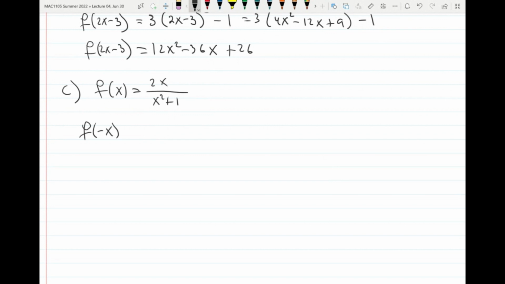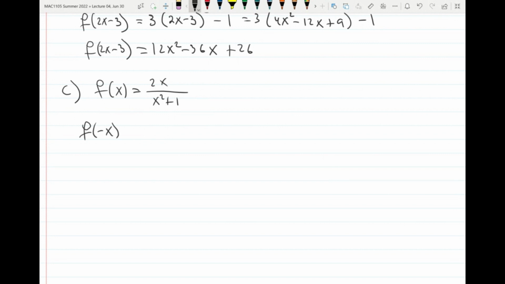Say that again? You're reflecting it across the y-axis. Yes and no. It will give you some information about it. But yeah, more or less. Oh, if it's odd or even.